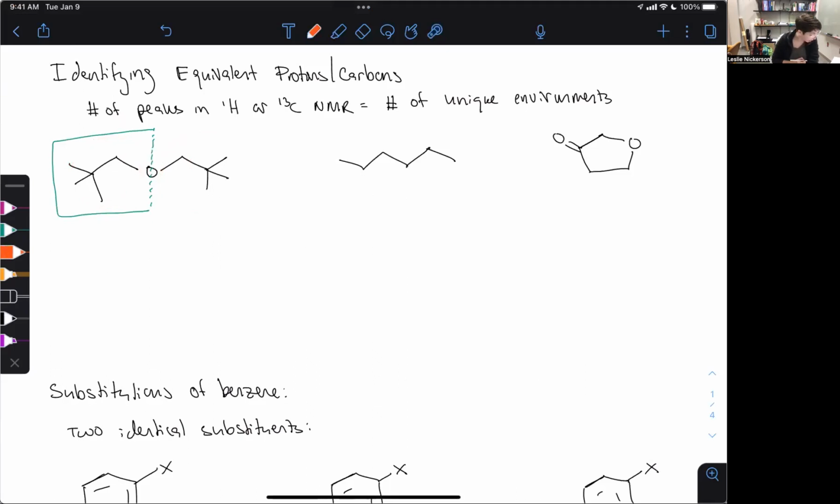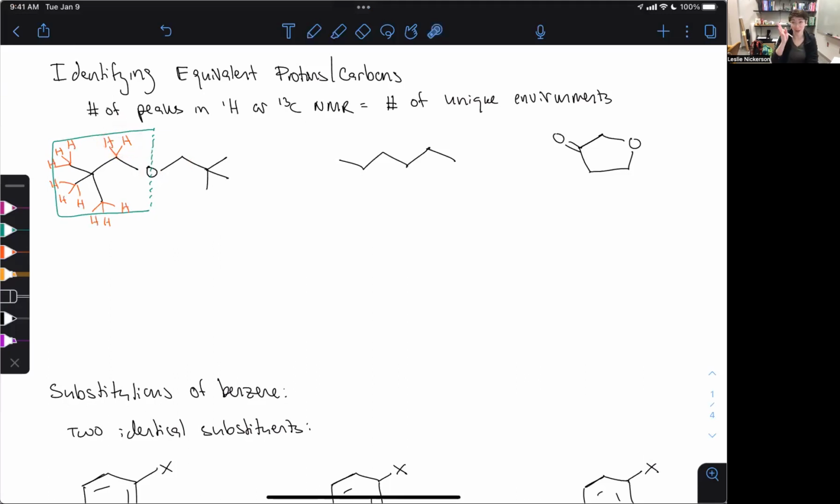So let's go ahead and look at this a little bit. I'll draw out the H's, and I'll try to do it small on the methyls over here. Okay, so that's all of my H's drawn out. If I'm looking for unique proton environments, I've got these two.